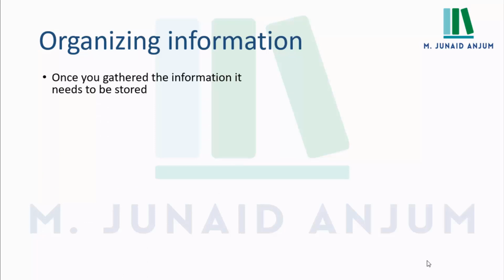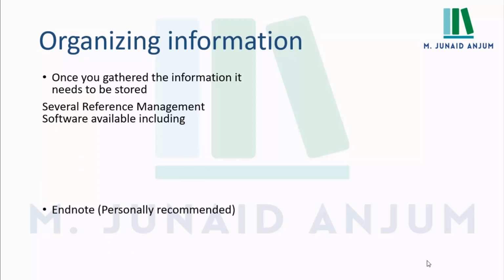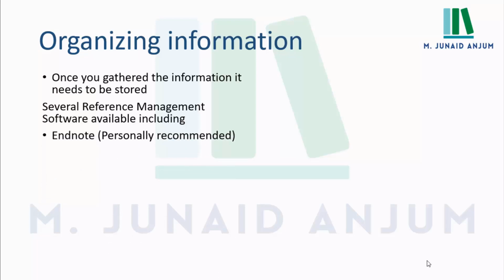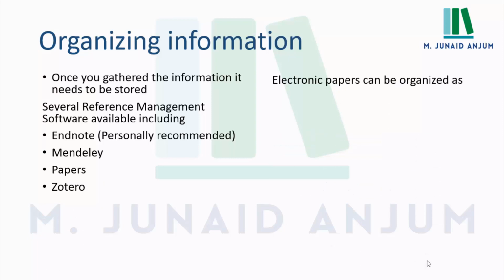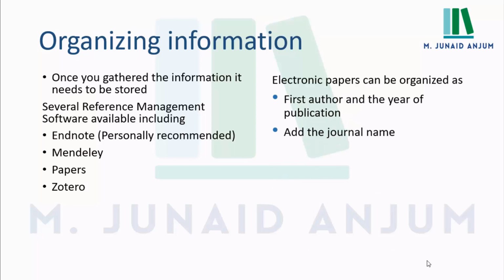The next thing is organization of the gathered information. Once you have gathered the information, it needs to be stored, and several reference management software packages are available, such as EndNote, which I personally use and also recommend, Mendeley, Papers, and Zotero. Electronic papers can be organized by first author and the year of publication.